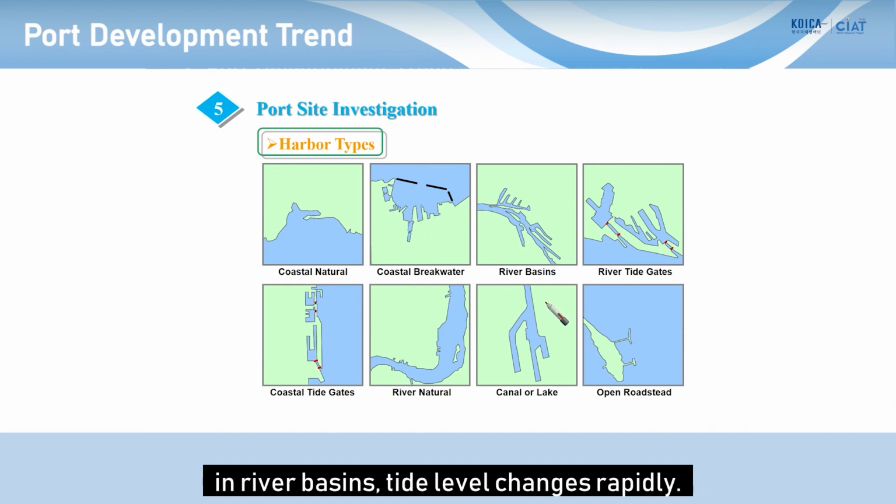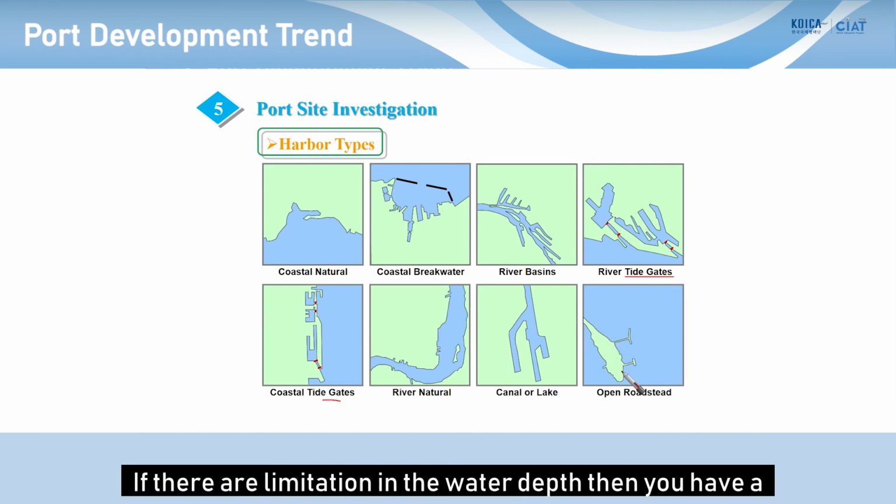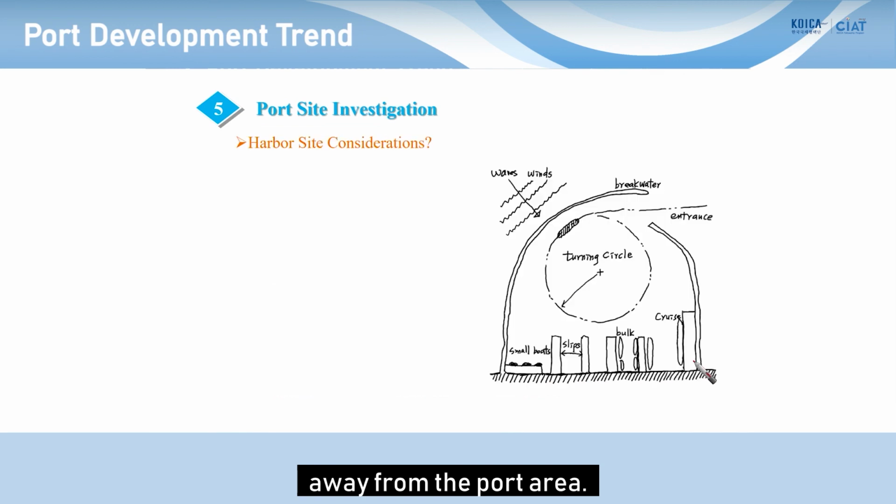For river basins, if the tidal level changes rapidly and the tidal range is strong, then you need tidal gates, lock gates. Or in the open sea, if there are limitations to the water depths, then you have to extend dolphin mooring facilities away from the port area.